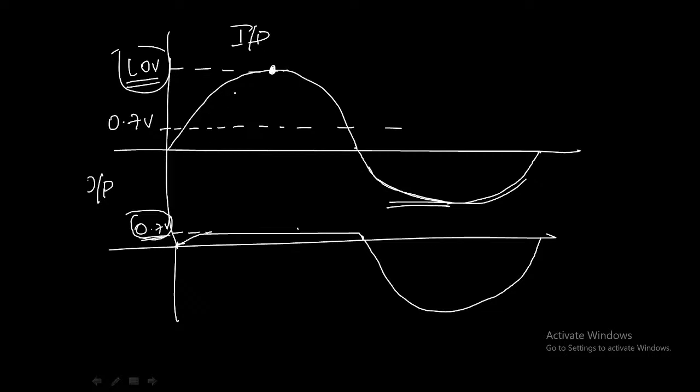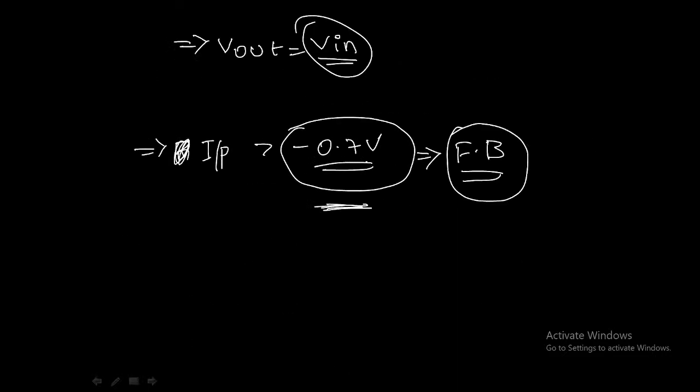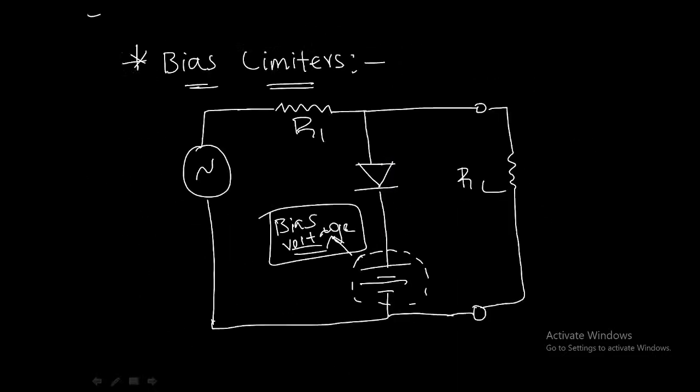If you apply the input voltage up to 0.7 volts, the diode will not be conducting, and after 0.7 volts for the input positive phase, the diode will be conducting. We take the approximation of this diode to be a voltage source of 0.7 volts, and here we will have this extra bias voltage.